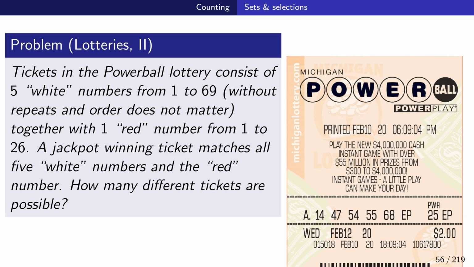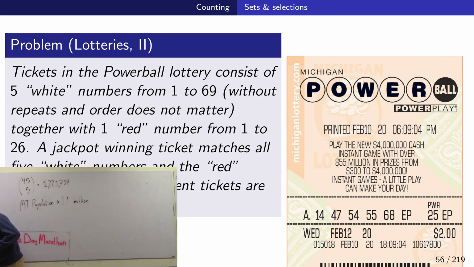If a 5 comes in before a 4, nothing matters. It's 4 and 5. And after those 5 numbers are chosen from the first 69, there is this other number, this 1 to 26. Just one number that has nothing to do with the other choice.